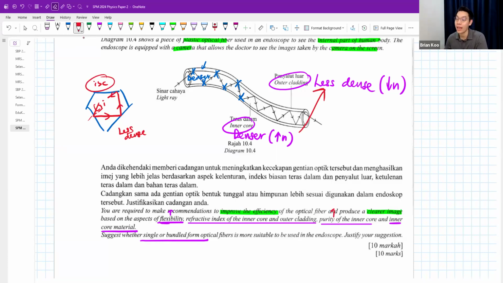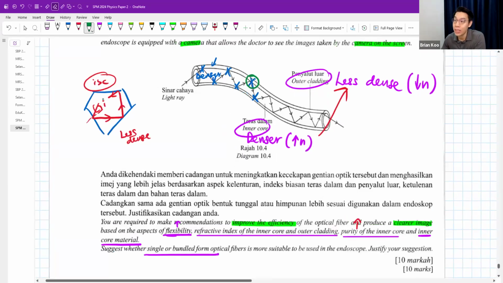Purity must be very high so that you won't have any signal loss. Meaning of signal loss means, let's say this part is not very pure. There is a chance where the light signal might possibly escape out, refract out, because the optical fiber is actually just a transparent, it's like a glass noodle like that, usually, right?